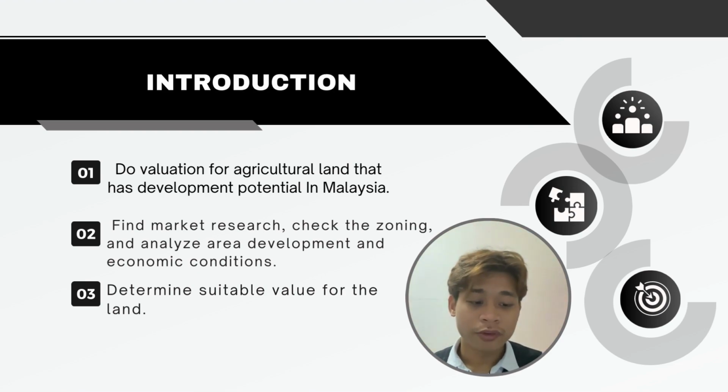Then we identify the infrastructure and development in that area, such as water supply, electricity, and public transportation. After we do all of those, we determine a stable value for the land that we chose.